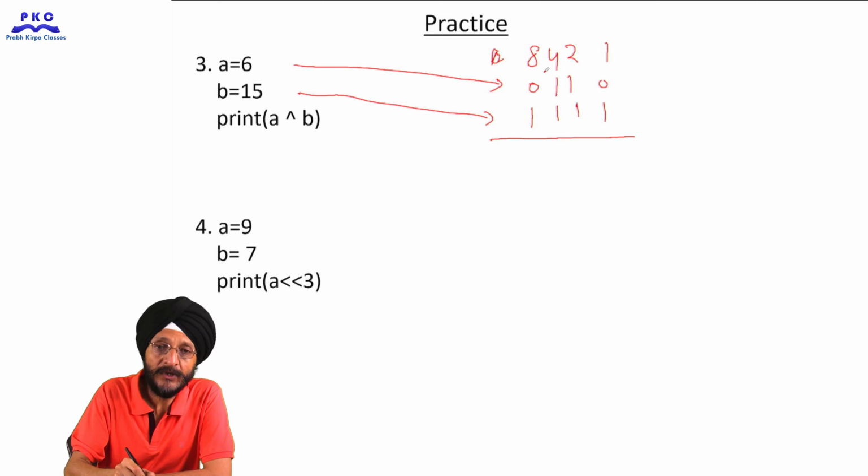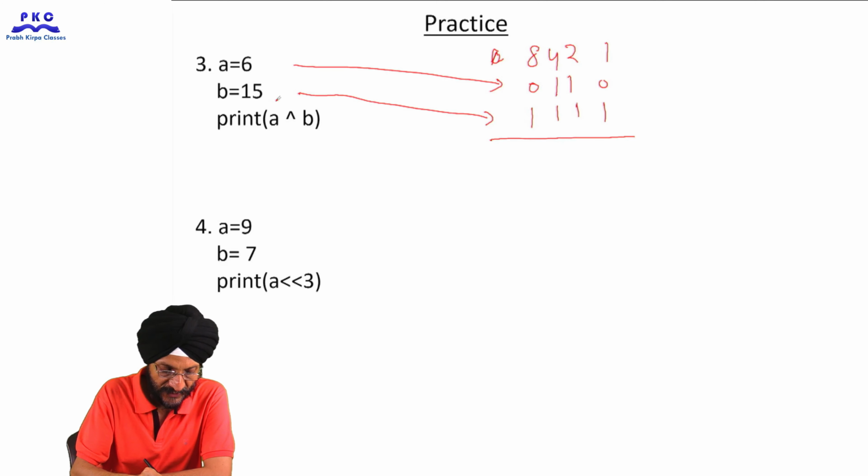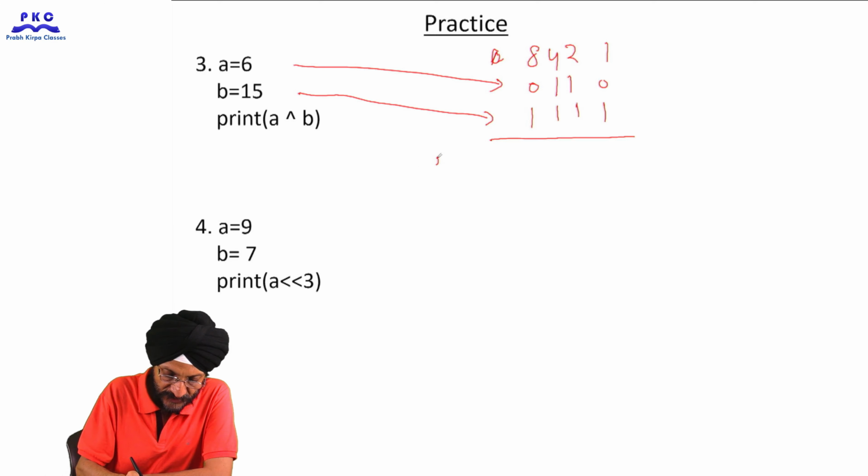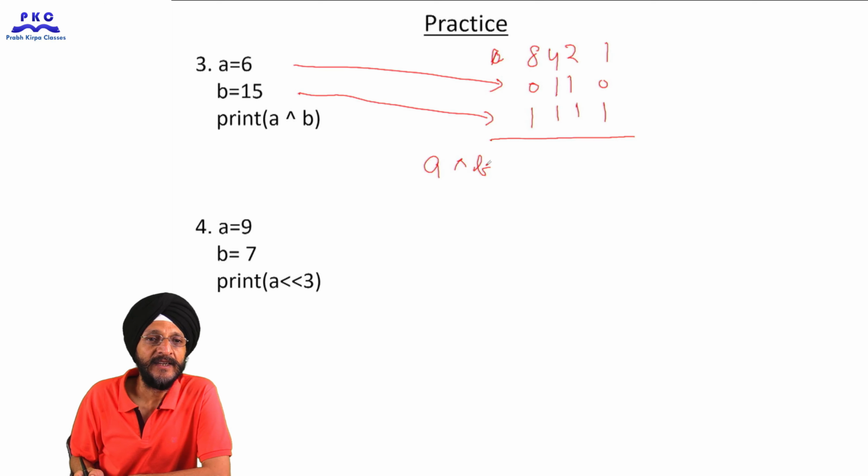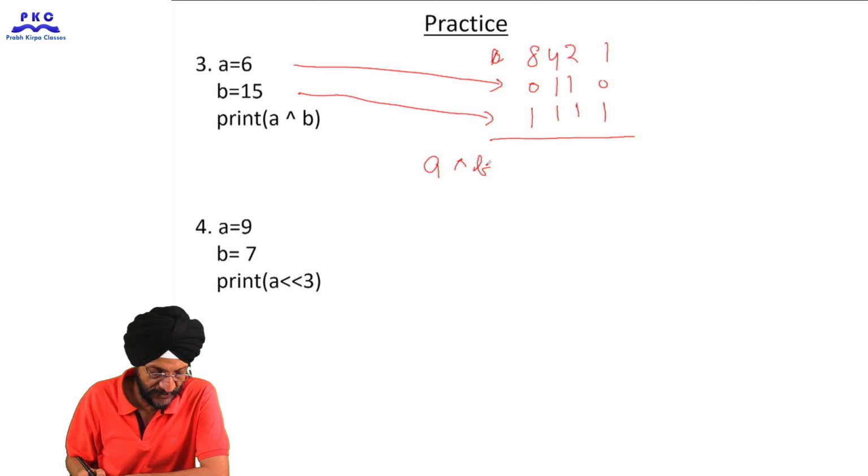These are the individual bits of 6 and 15. So now what is before us? A bitwise XOR B.